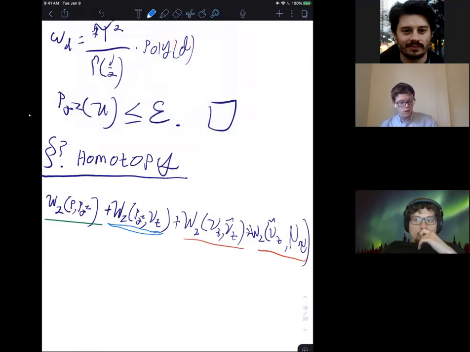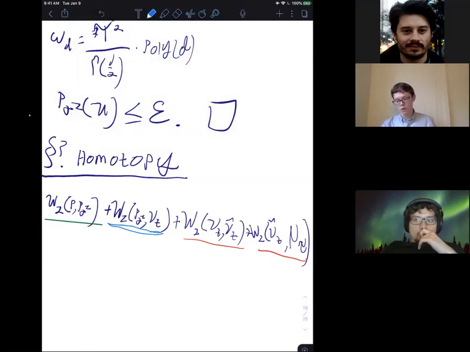And then the other question you could ask is, what's the impact of this sigma squared on the rest of this? I think the biggest impact you can see is that it maybe has a small impact on the log Sobolev constant.